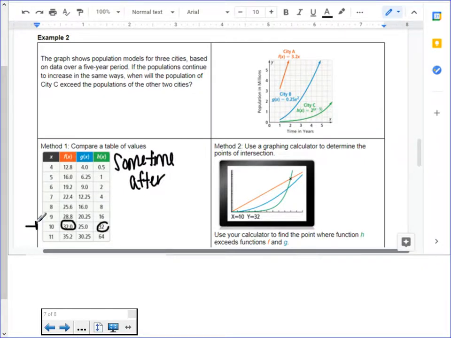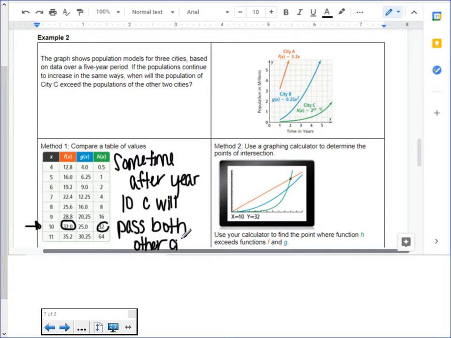At year 10, city A and city C are equal, and city C is already bigger than city B. So sometime after year 10, C will pass both other cities. We don't have an exact number. We just know after year 10, we can tell that with our table, it's going to be bigger than both A and B.